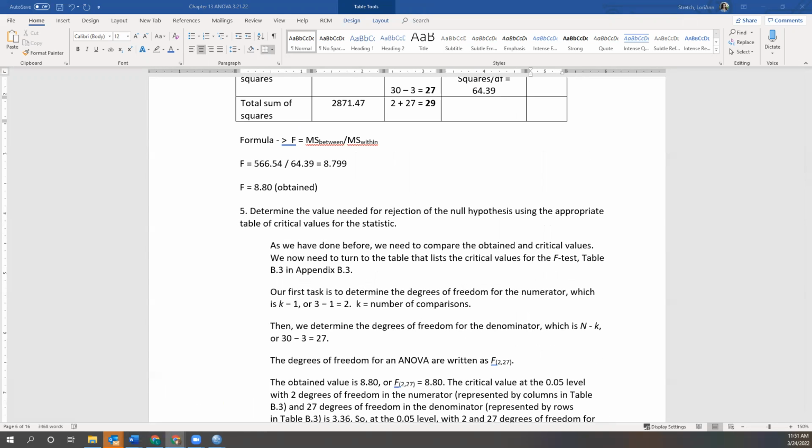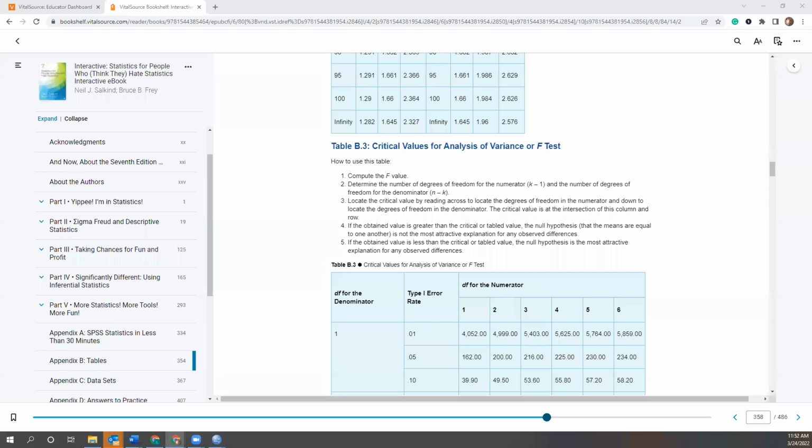And we're going to go to the third table in our library. And we're going to look up our ANOVA value, our F statistic. Because I'm doing this by hand, I have to look up a critical value. I know that if I were doing it in SPSS, SPSS would tell me the exact significance level.